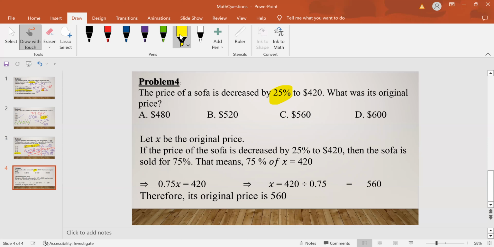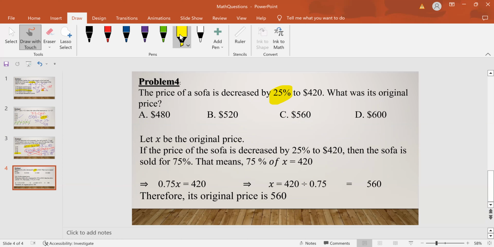The price is decreased by a quarter, because 25% is a quarter. So if you take the original price and divide it by 4, one part is 25%. So they decrease the original price by one quarter of the price.